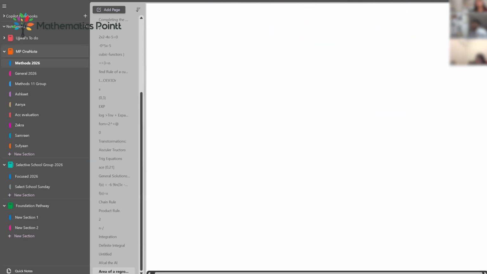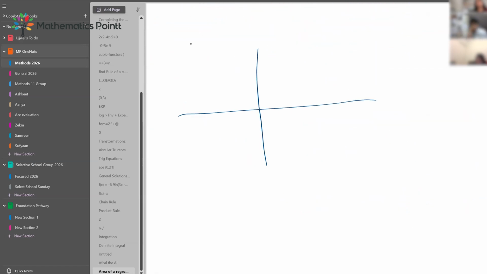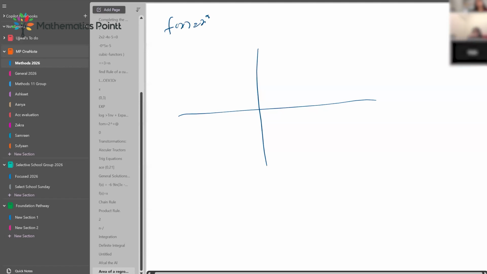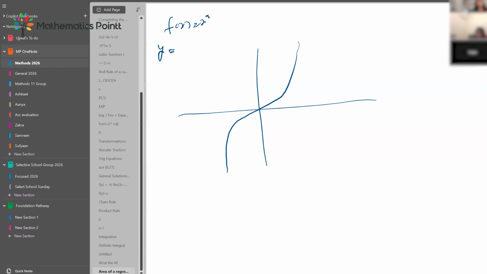Now, if you have a curve like this, let's say y equals x cubed, or f of x is x cubed, which means you've got a curve like this. And another line is, let's say, g of x equals x, which means a straight line.